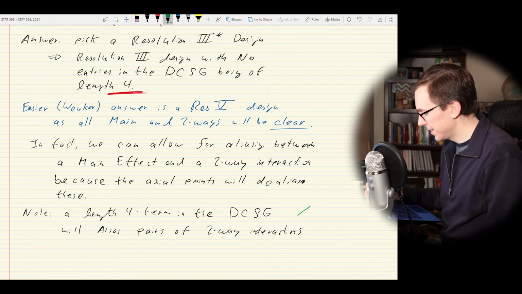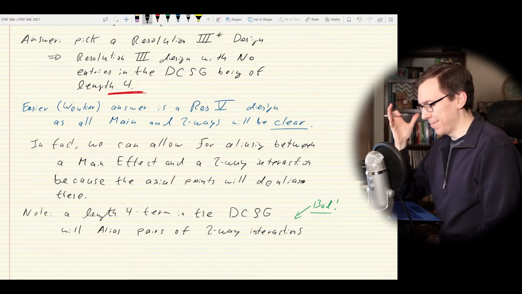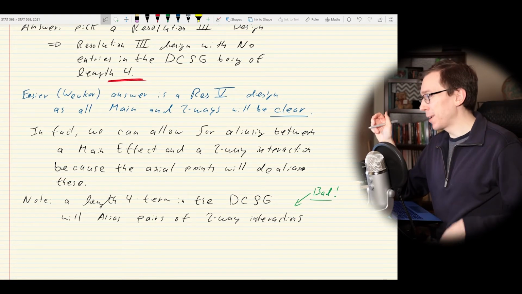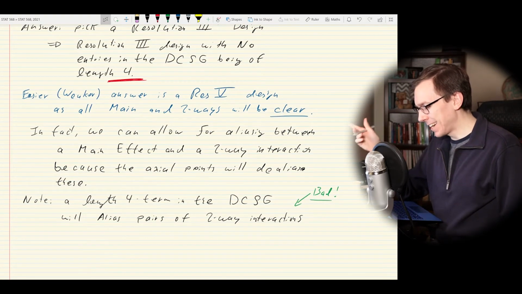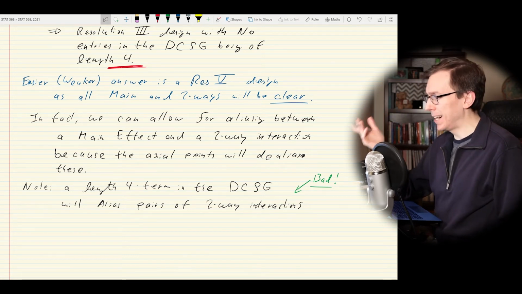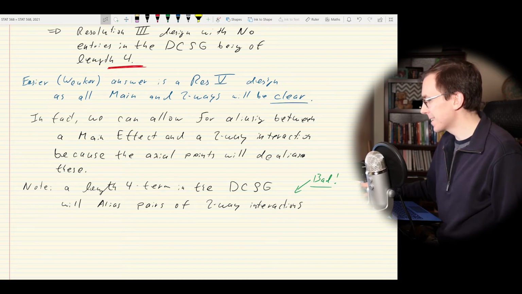And that is bad. We don't want that to happen, so we have to avoid length 4 terms in our defining contrast subgroup. So that means we can actually pick a nice design and just make sure that we don't have any length 4 terms, and that will allow us to fit our central composite design, right? All right, so that is more or less, I think, everything we need to do about a central composite design.